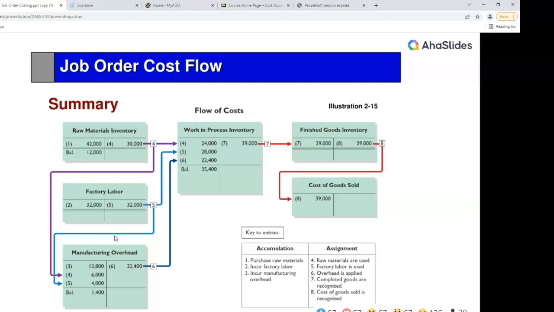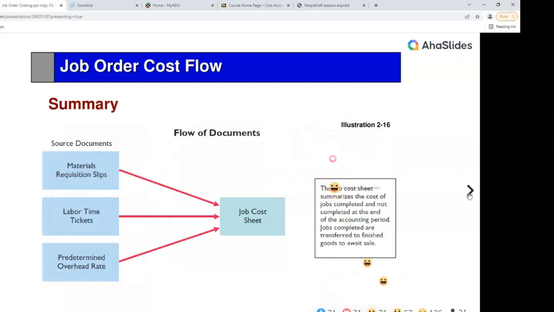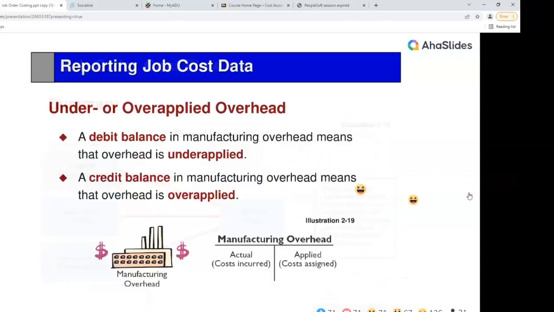We just add one more account called manufacturing overhead. And we debit it for actual manufacturing overhead. And we credit when we apply it to the cost of goods manufactured, work in process. So try and get that overview all on the job cost sheet.